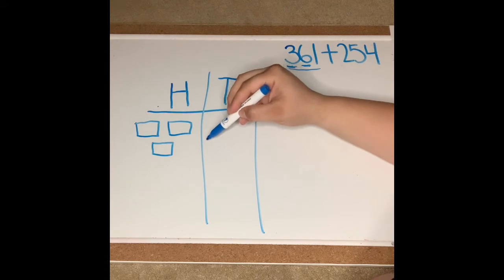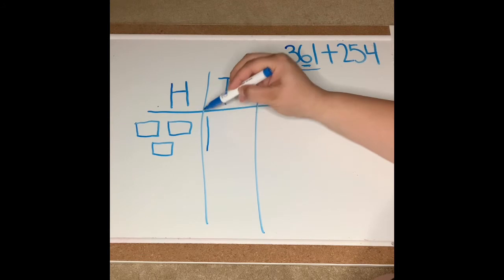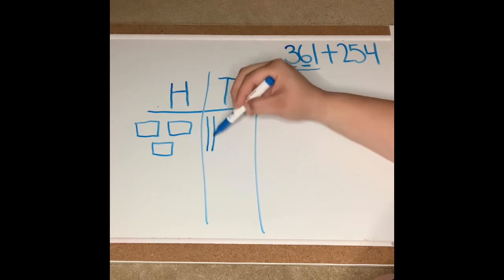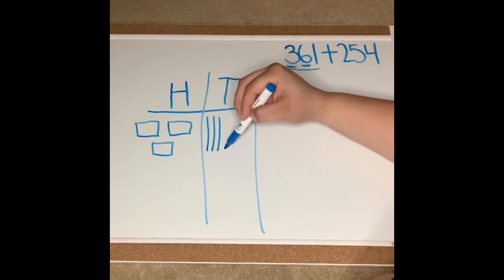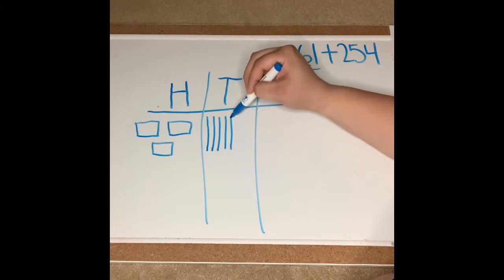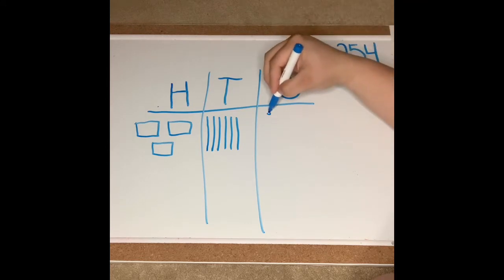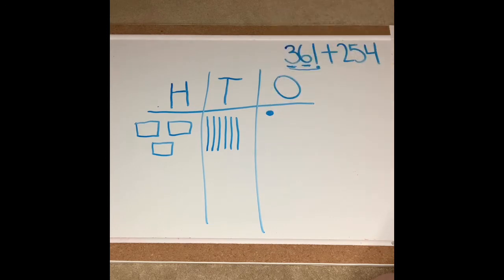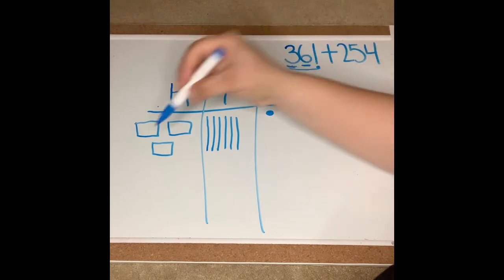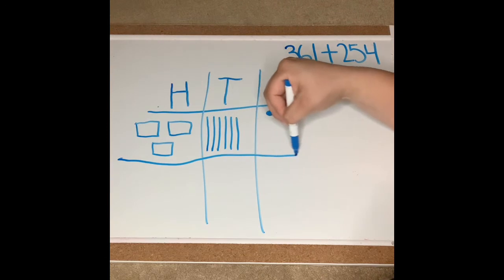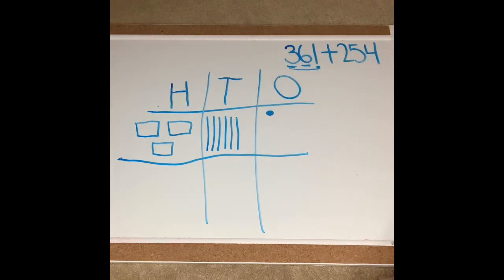So I'm going to draw 6 lines, 6 10 rods. So 1, 2, 3, 4, 5, and 6. Now, how many ones do we have in the number 361? 1. Good job. So I'm going to draw 1 dot. Now, we finished building our first number, so I'm going to draw a line underneath.